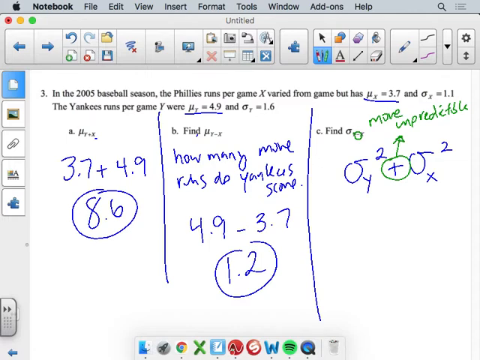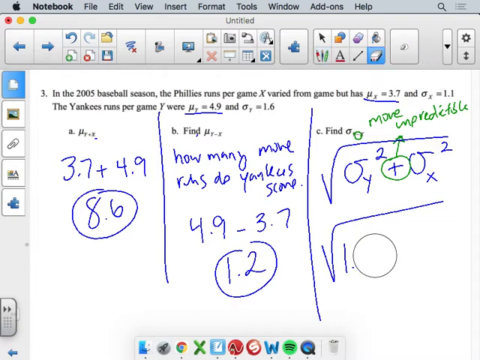Okay, and then you actually have to do one more thing. So when I square them, I add them together. I then have to undo the square again with another square root. So standard deviations are a ton of fun. They have all the complicatedness. So it would be the standard deviation, or the square root of, I guess it'd be, 1.6 squared plus 1.1 squared.